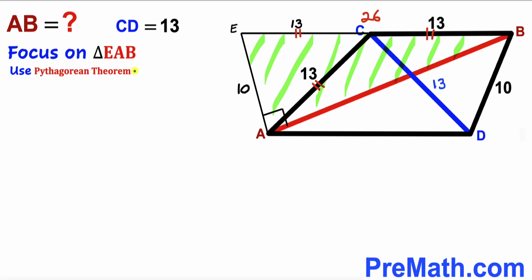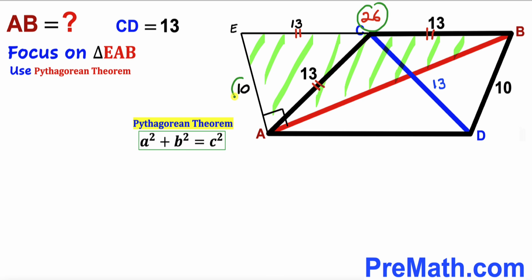And now we are going to apply the Pythagorean theorem on this triangle EAB to find this AB length. And here's our Pythagorean theorem: a squared plus b squared equals c squared. In our case, our hypotenuse is 26, whereas our two other legs are 10 and this side AB. Let's go ahead and fill in the blanks in this Pythagorean formula. So we got our side AB length squared plus 10 squared equals 26 squared. Let's simplify.